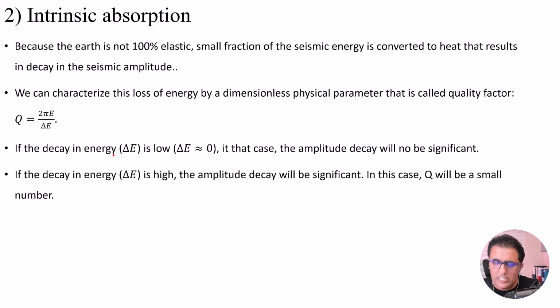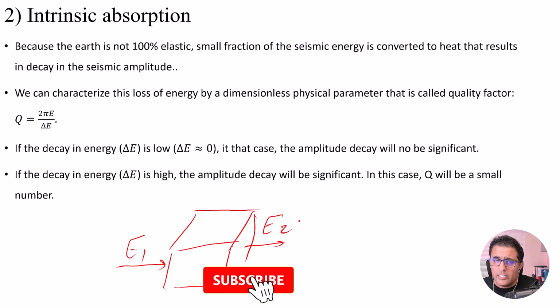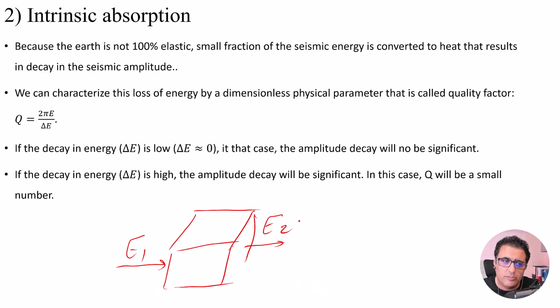So assume, for example, in the case of a planar wave, that we have no geometrical spreading. If we have the seismic wave that propagates through some area, this is E1, this is E2. Once the seismic wave passes through that area, a fraction of that energy is converted to heat.